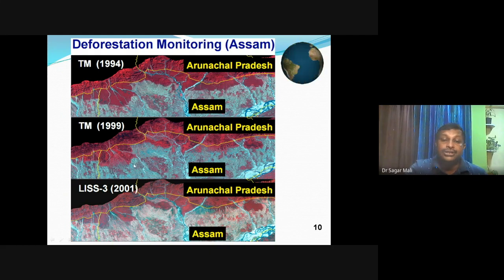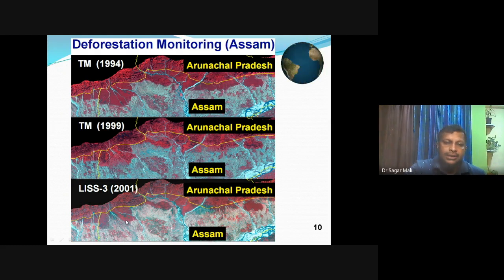How much forest area has declined? And after 2 years, in 2001, even more forest area is deforested. It's a part of Assam and Arunachal Pradesh.